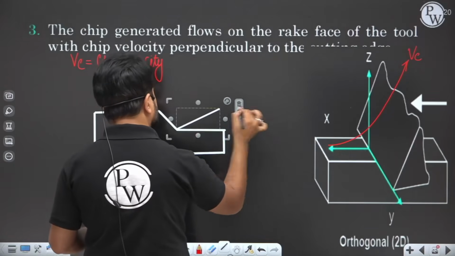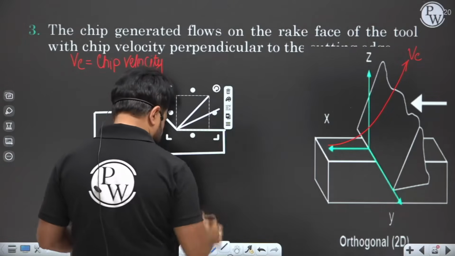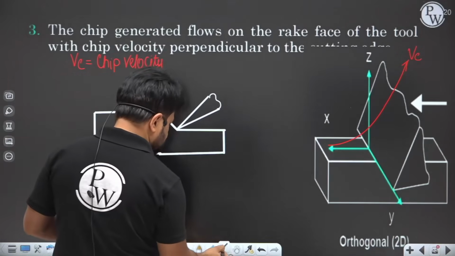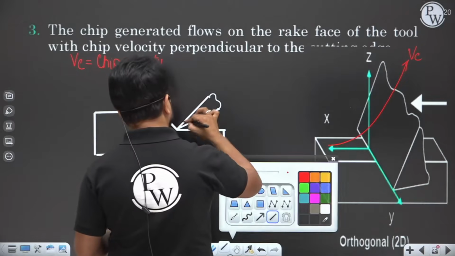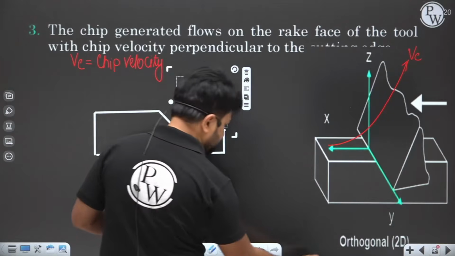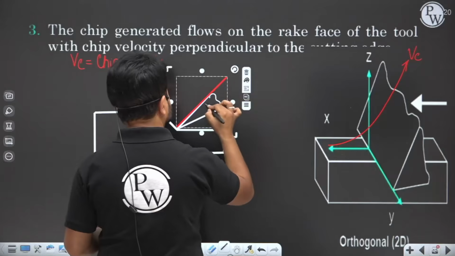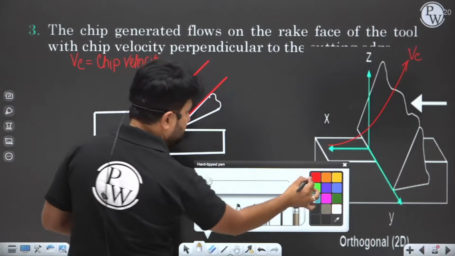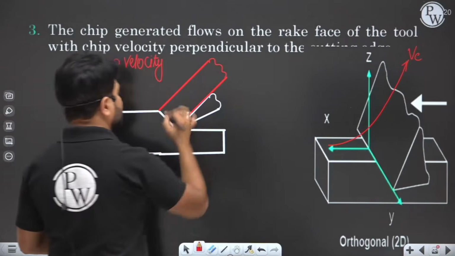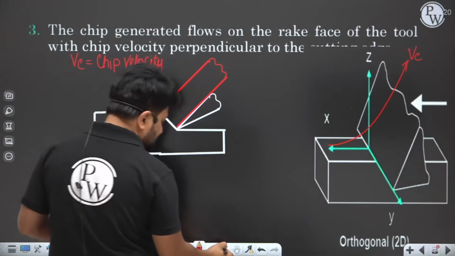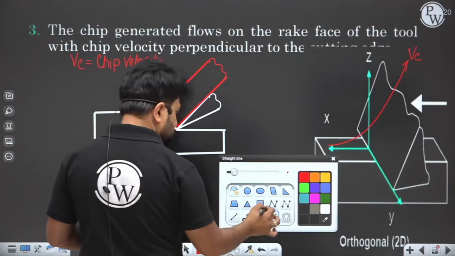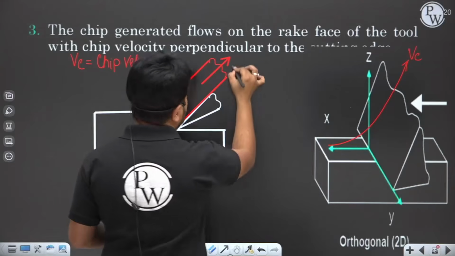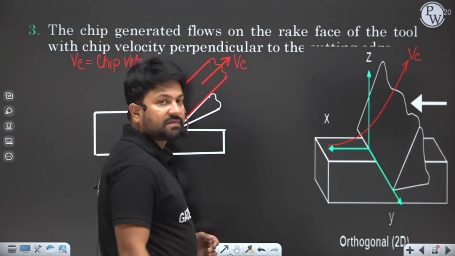This is the tool, and the chip is going to be generated. This is the chip, which I am talking about. This is the chip velocity, that is VC.